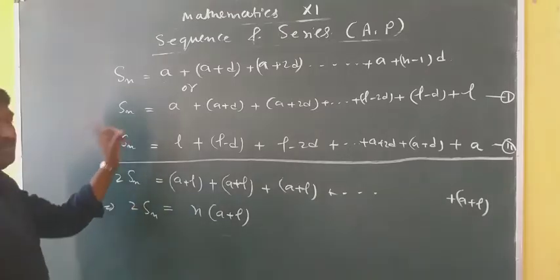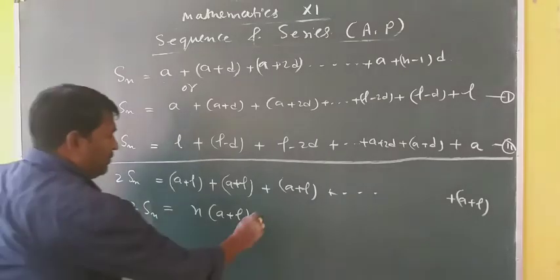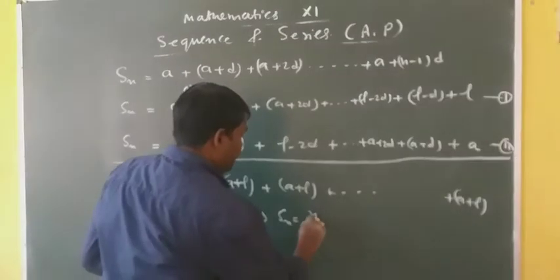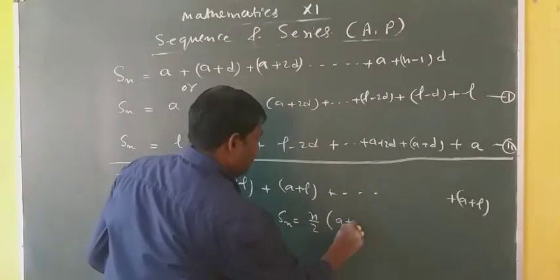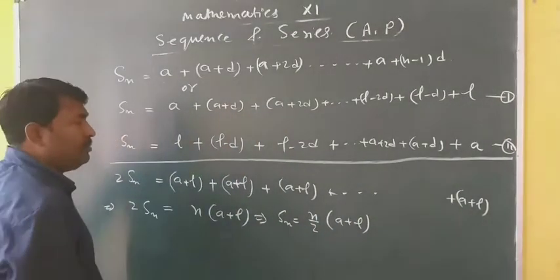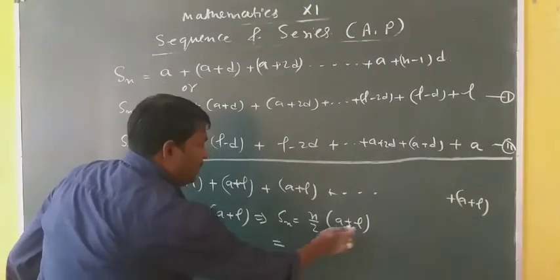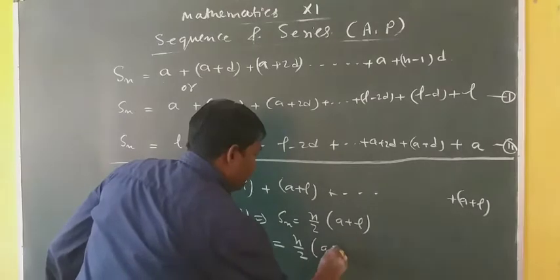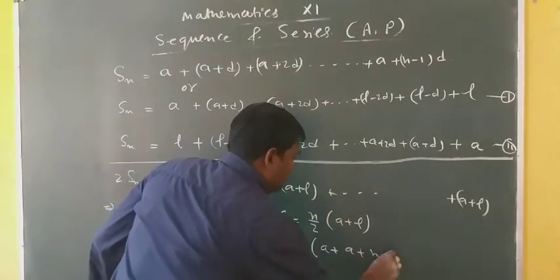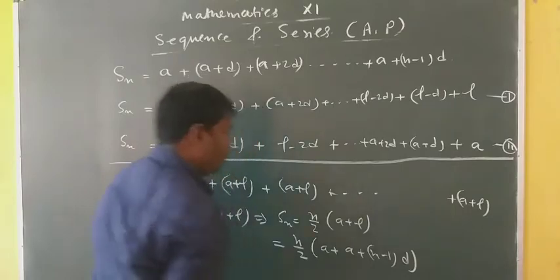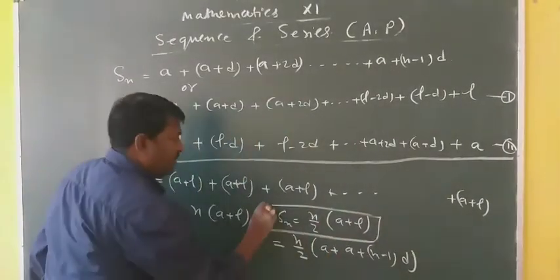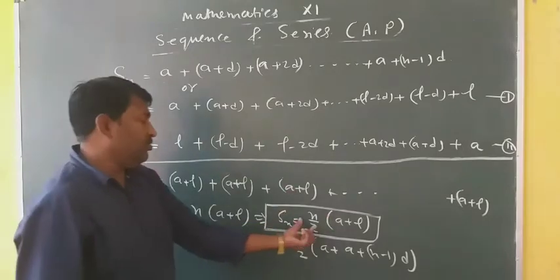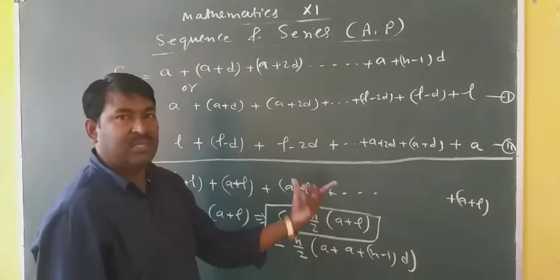Sn is the sum of n terms. Okay, now it implies that Sn is equal to n by 2 into (a plus L). Okay, and if you put the value of L, that is the last term or nth term, so a plus (n minus 1) into d. What formula is this one? If the first and last term are given and the total number of terms is known, then you can apply this formula for summation of an AP.